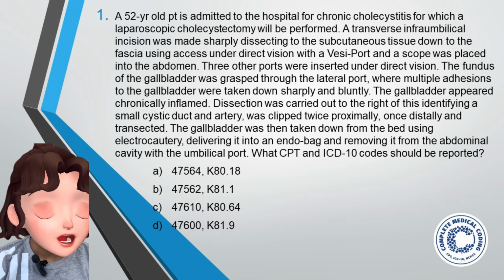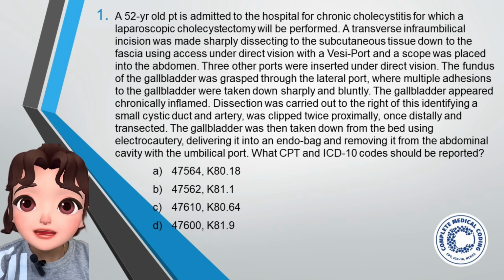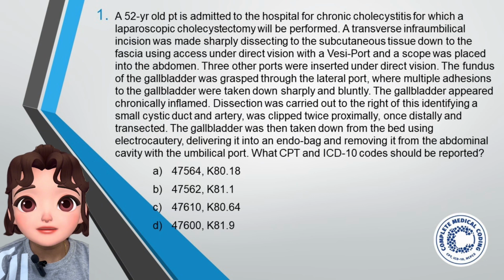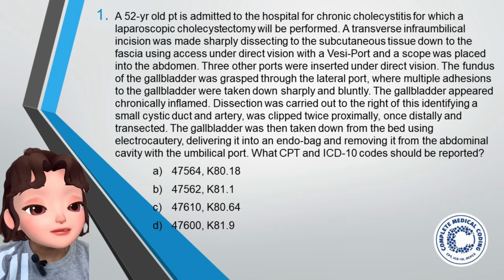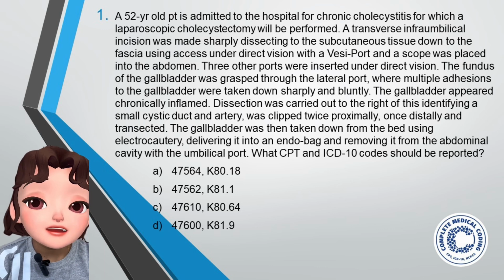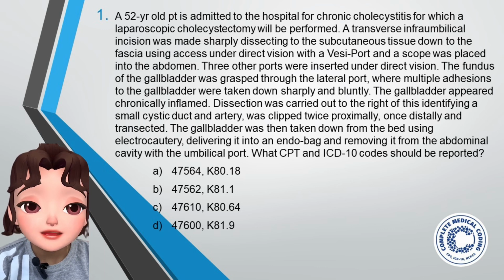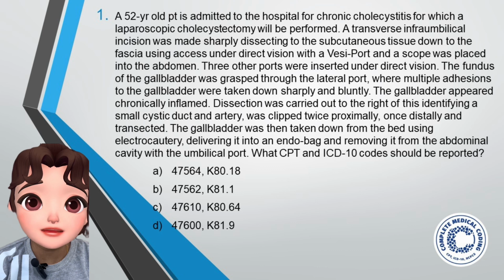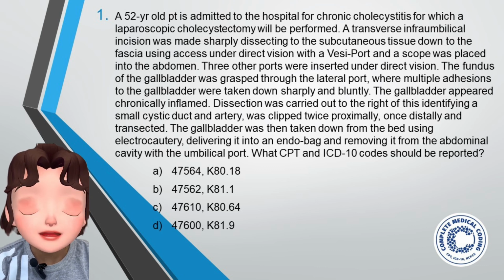K80.64. K80.64 represents again calculus of gallbladder, which is not the correct one. K81.9. Cholecystitis unspecified. Here it's clearly mentioned chronic cholecystitis, so we should not use the code K81.9. K81.9 represents cholecystitis unspecified.